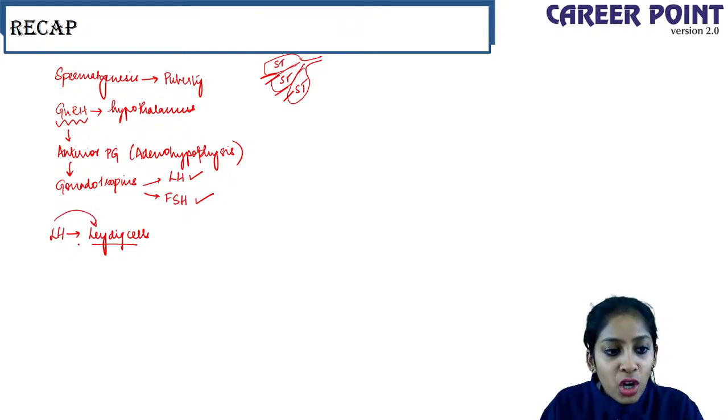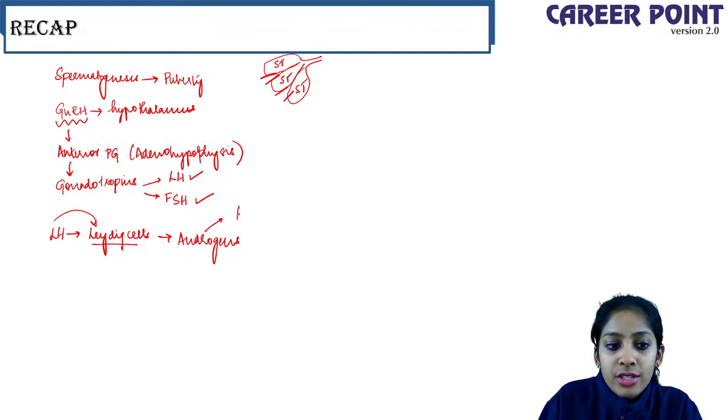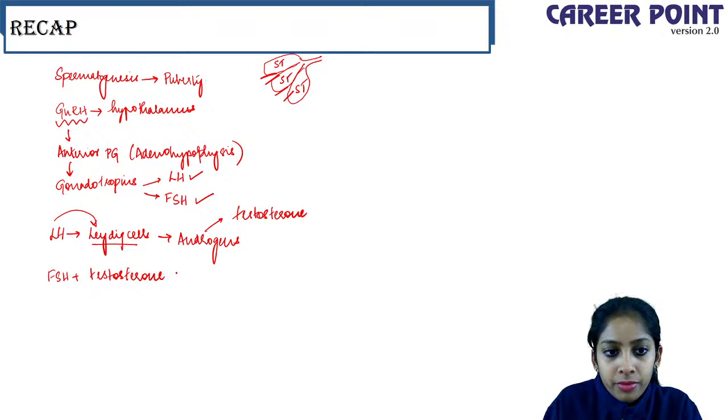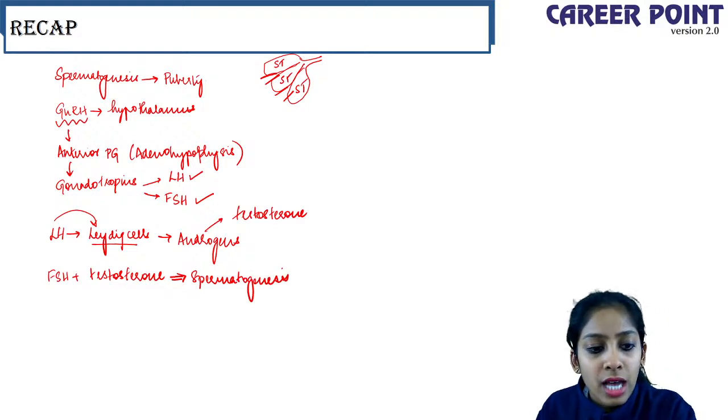LH along with the Leydig cells helps in the production of a group of hormones called androgens, and one particular androgen is testosterone. Now FSH along with testosterone stimulates the process of spermatogenesis. This is the hormonal control that we were reading in the previous class.